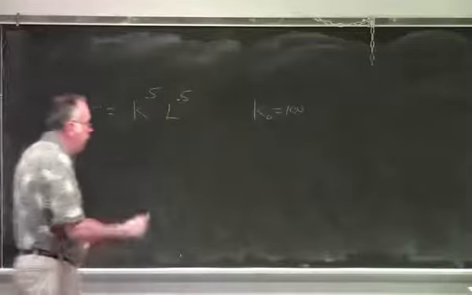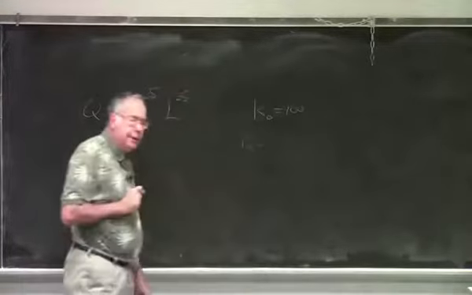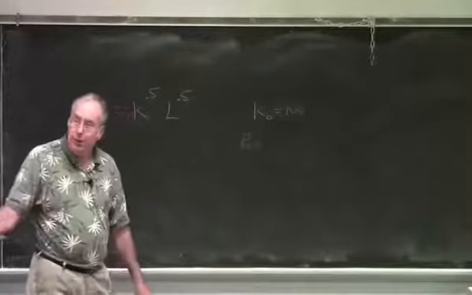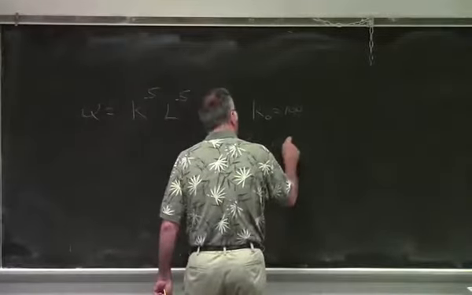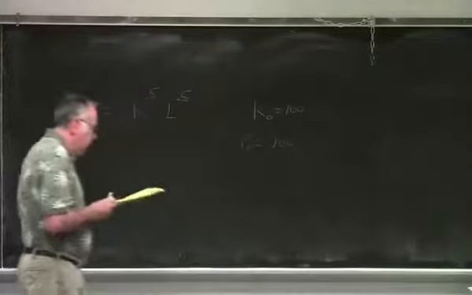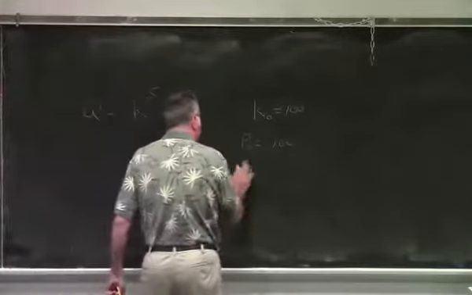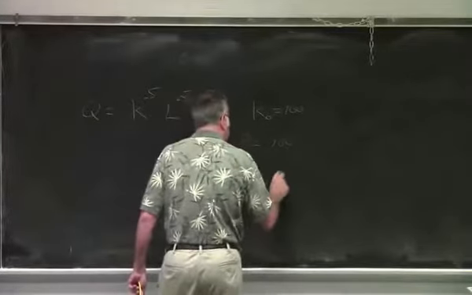This firm is a perfectly competitive firm, and it can sell its product at a constant price, as much as it wants, at $100 per unit. The price of capital is $10 per unit.